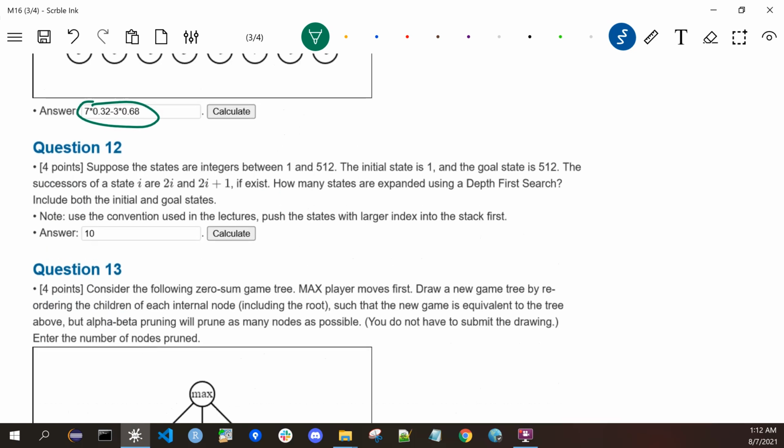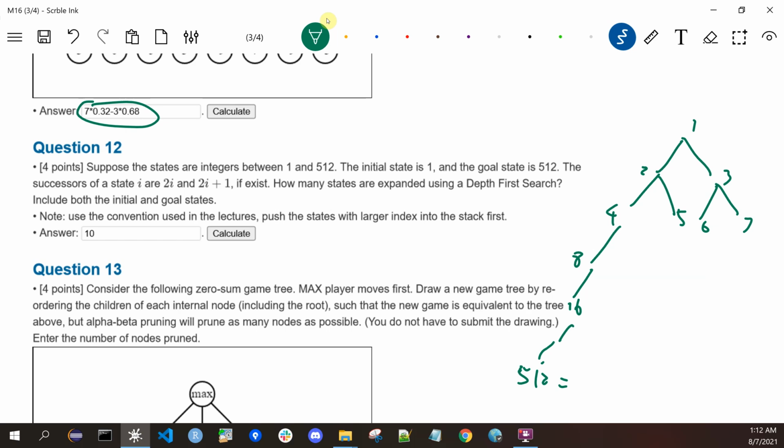Okay. So the next question is the large tree question. We're doing DFS. The states are 1, 2, 3, 4, 5, 6, 7, and 8, and then you get the pattern: 8, the next one is 16, and so on. Eventually you'll get 512, which is 2 to the power 9.